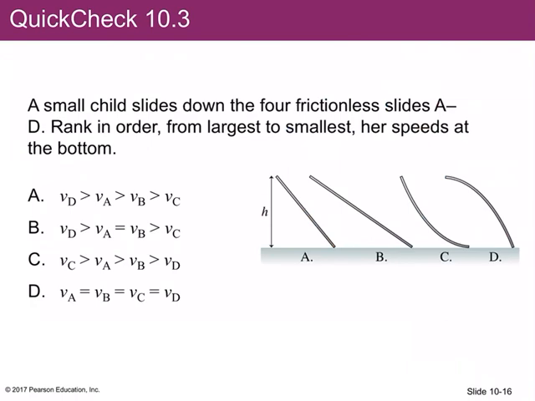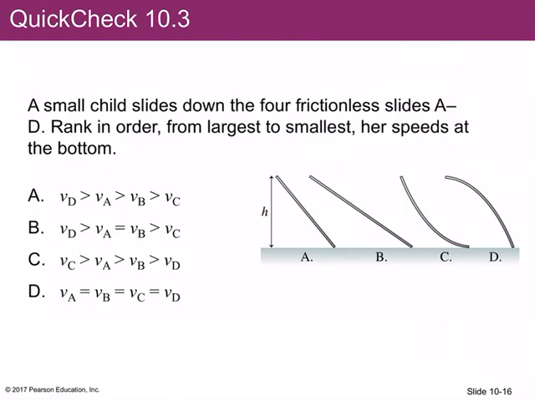Okay. So this one is saying, a small child slides down the 4 frictionless slides. Rank in order from the largest to smallest her speeds at the bottom. Again, what is the only thing that is affecting the potential energy here?